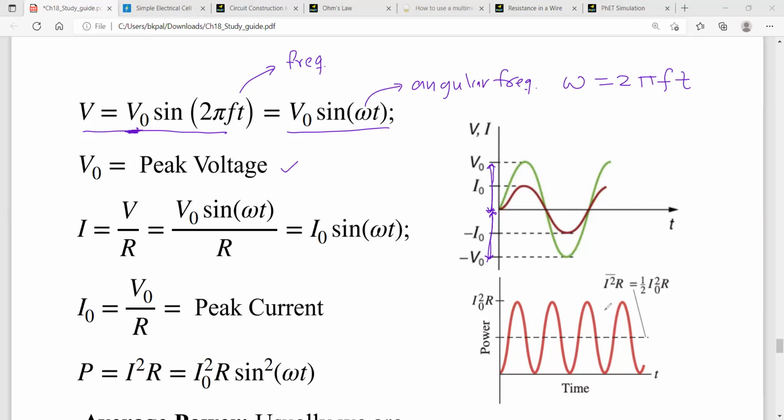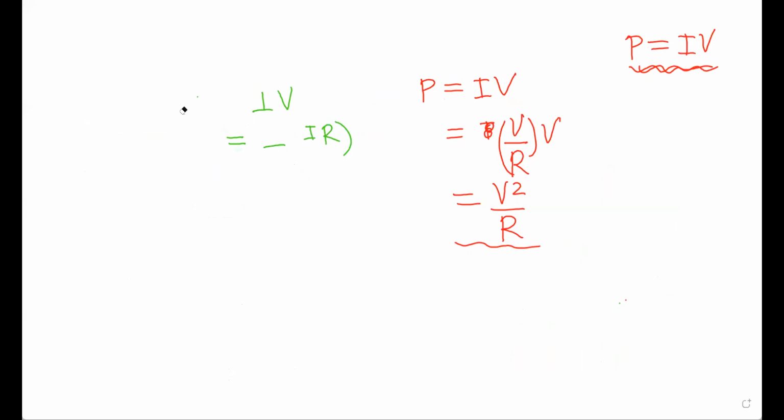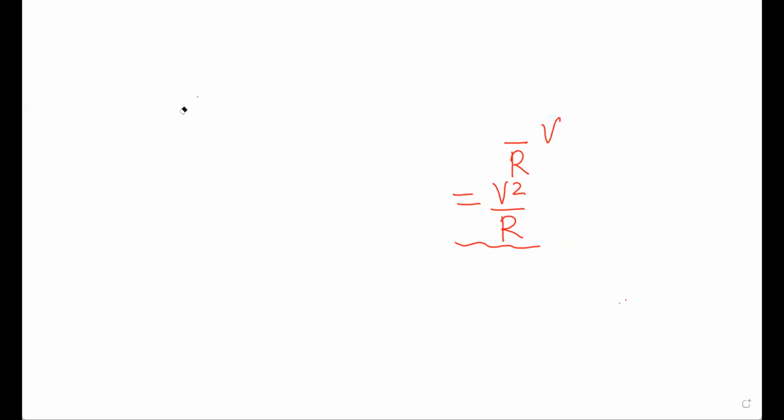So the alternating current is, you know that I is equal to V over R, right? That is Ohm's law.